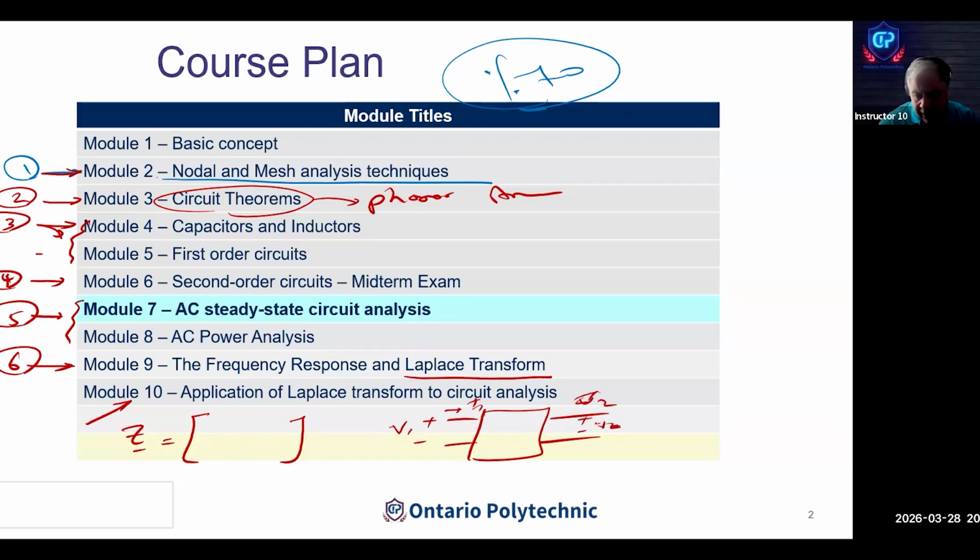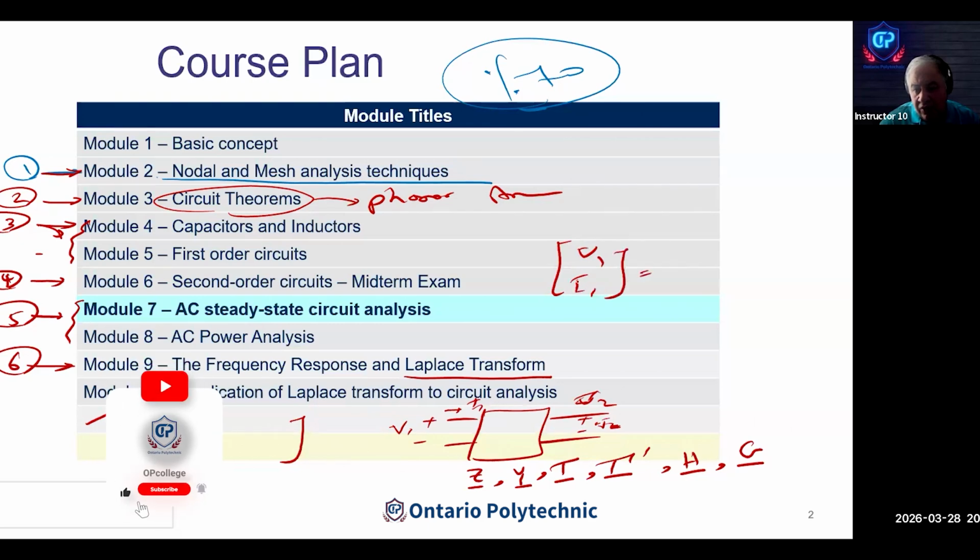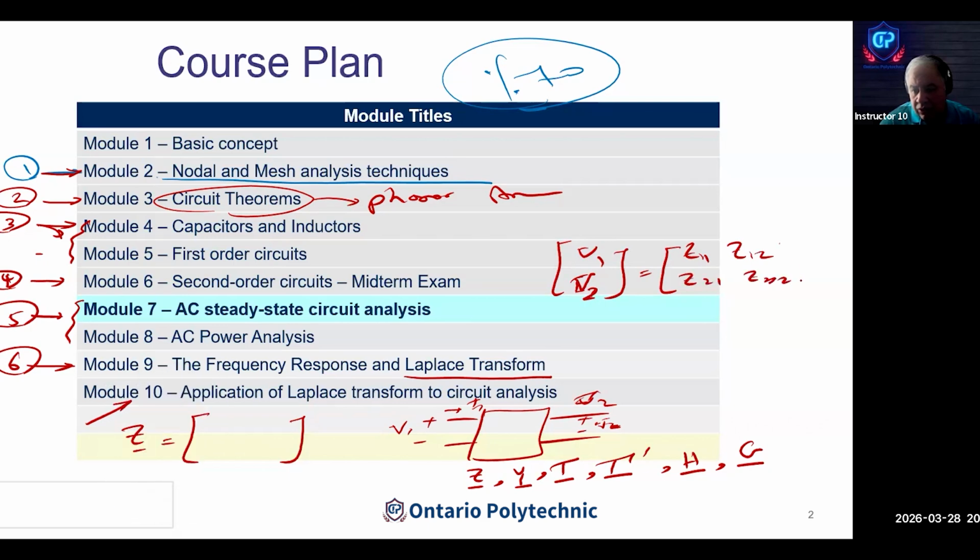For the two-port, we have many matrices: matrix Z, matrix Y admittance, matrix T, and T prime as in power systems, matrix hybrid, and matrix G. For matrix Z, we know that V1 and V2 equal Z11 Z12 Z21 Z22 times I1 and I2.